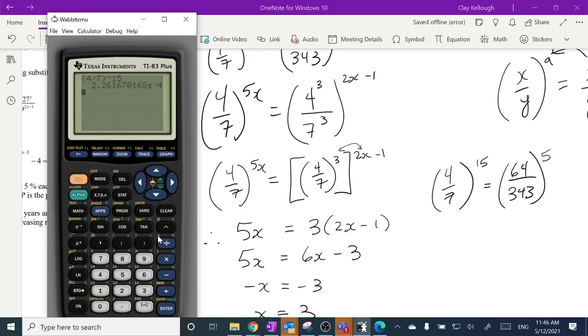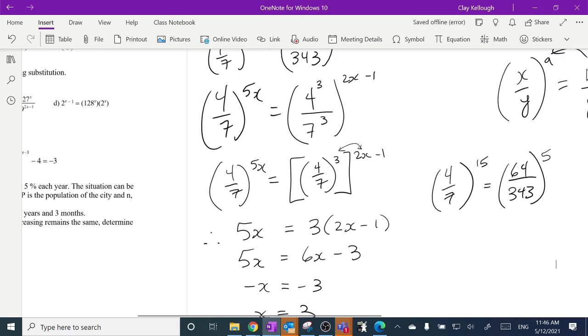And open a bracket, 64 divided by 343, close bracket, to the power of 5. Identical. We did this right. There you go.